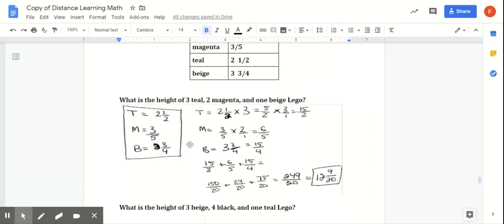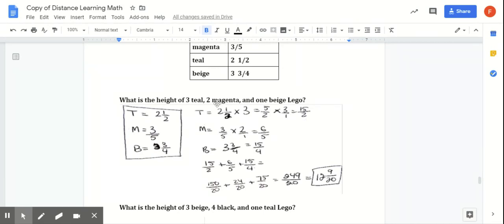So we know that we have 3 teal, so we're going to multiply that by 3. I changed my mixed number into a fraction greater than one, multiplied across, and I got 15 halves. Then I have magenta.